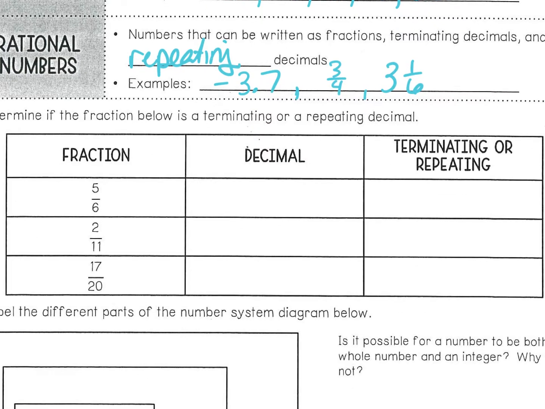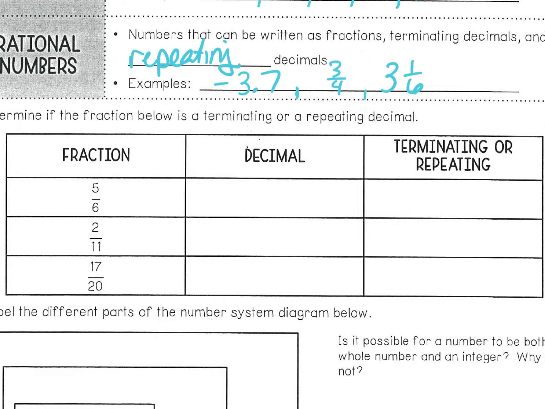Okay, so we're going to determine here if these fractions are decimal and then terminating or repeating. So in your calculator, this is where you're going to want a calculator. If you don't have one, pause and go grab one. If you're on a device, you can open a new tab and go to Google and then just type in calculator.